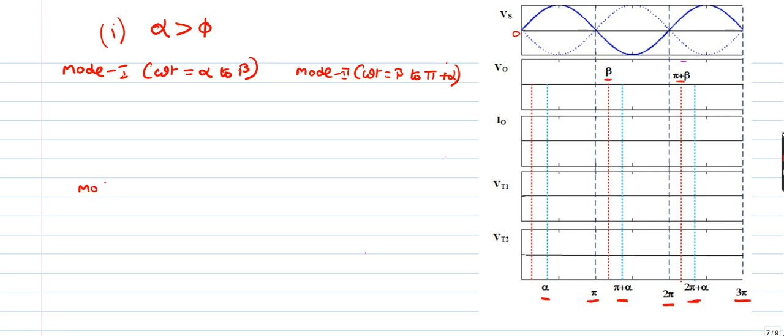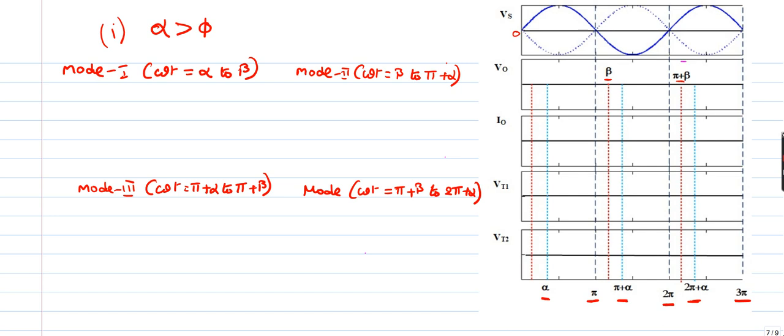Mode 3, triggering instant to extinction instant. Mode 4, extinction instant to the next triggering instant 2 pi plus alpha. So we have started at alpha and ended at 2 pi plus alpha, so the duration is 2 pi. So we can analyze one complete cycle by using these mode boundaries.